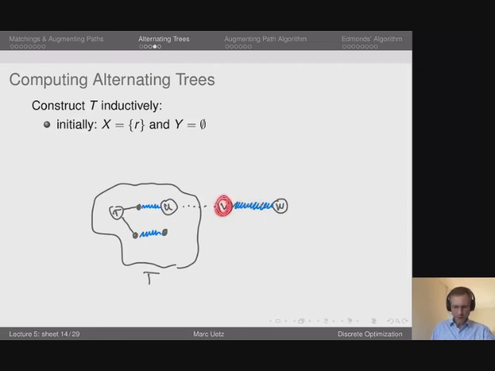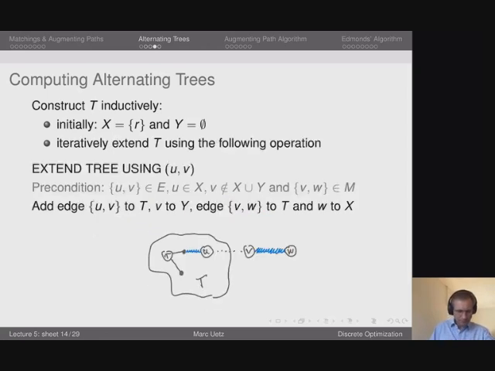And if this would be a free node, then we will have found this M augmenting path actually. So here we have an operation which says that we extend this tree by selecting this edge here, which connects U to V. V is outside T, and it also connects the unique matching edge to the tree. So here's the description of this extension operation, extending the tree using an edge UV. So what kind of edge from the graph do we actually choose?